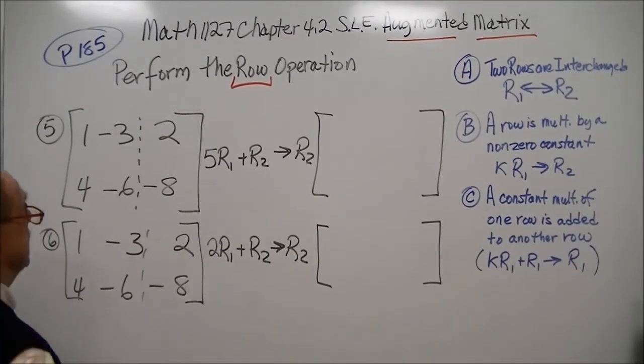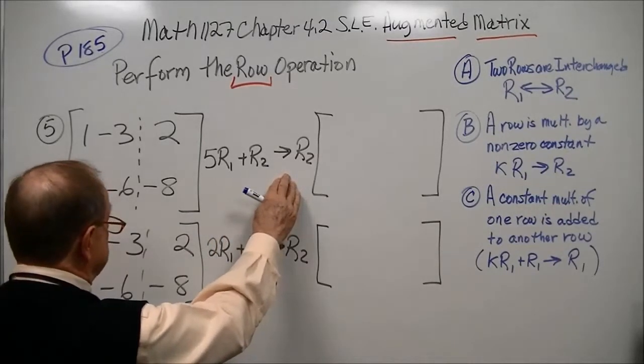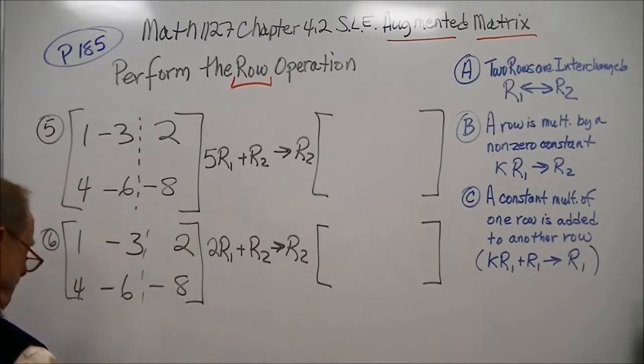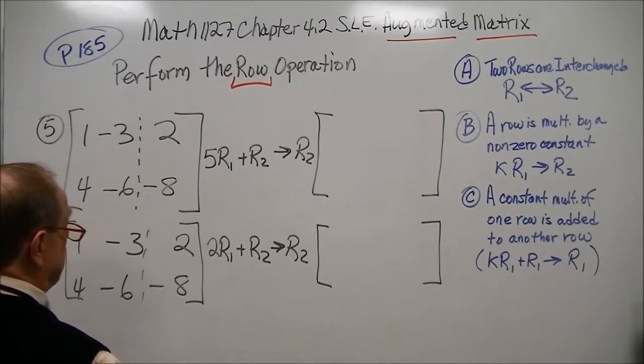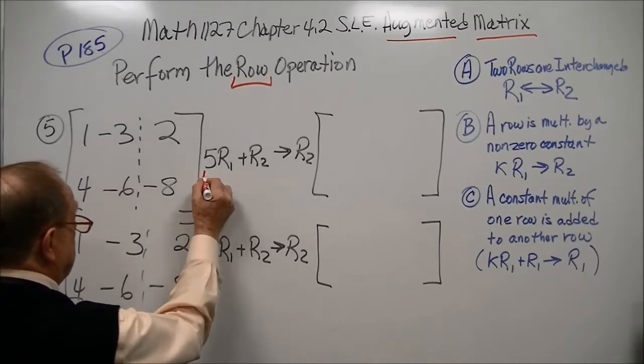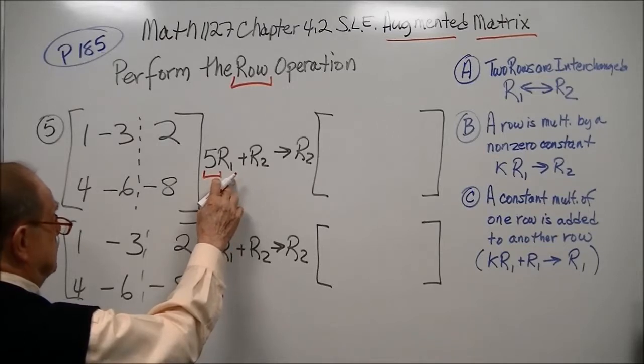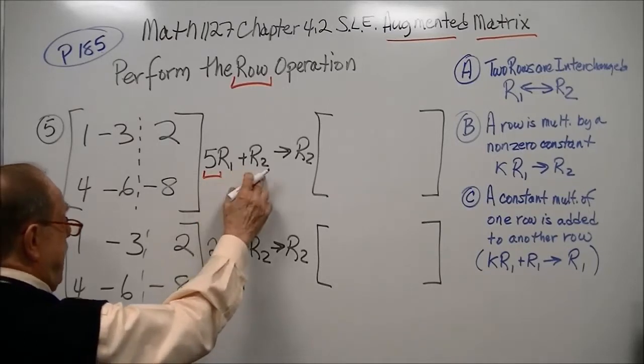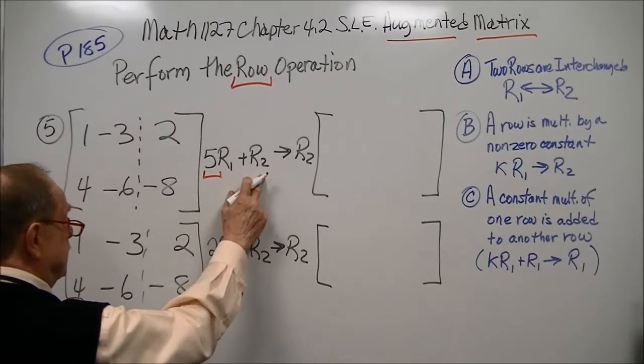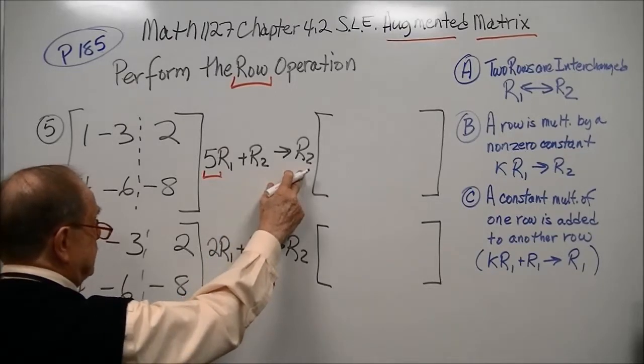In number 5, the row operation we're asked to do is to take a constant, multiply that constant to the items in row 1, add it to row 2, and then replace row 2.